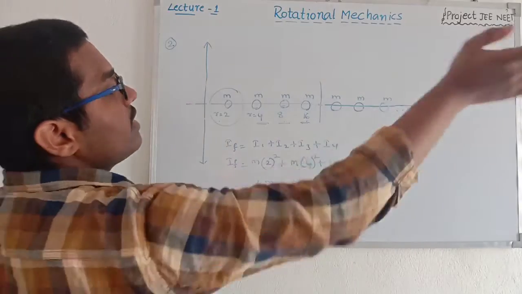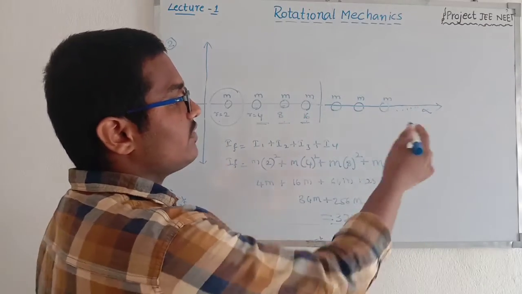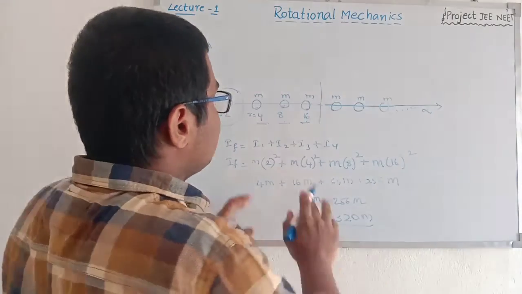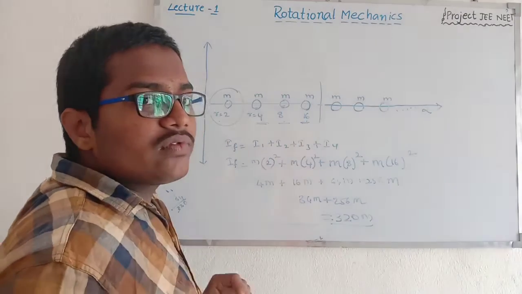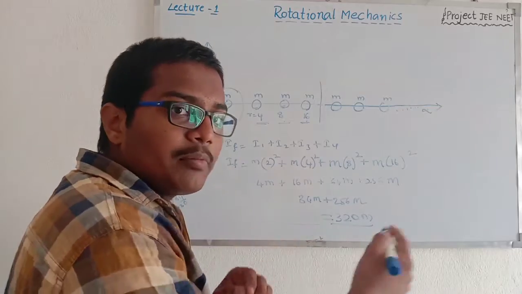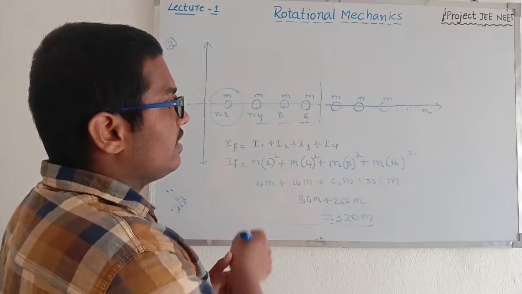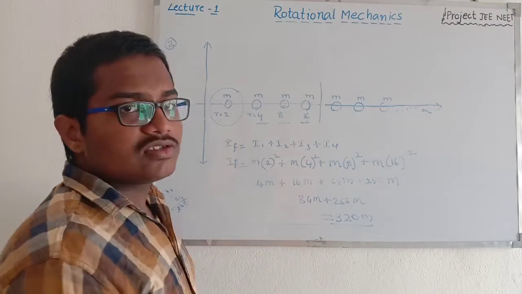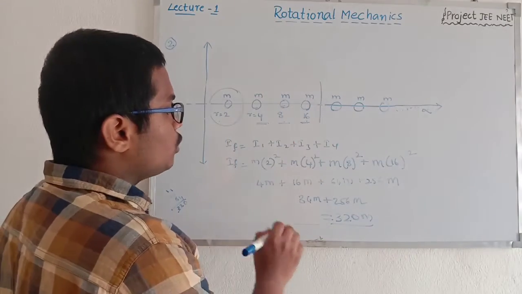He may ask for any number, such as 6 bodies or 7 bodies or 8 bodies or 10 bodies as well. But the common structure of calculating the moment of inertia for n number of objects located in a simple manner like this is this. So compulsorily note this solution as well.